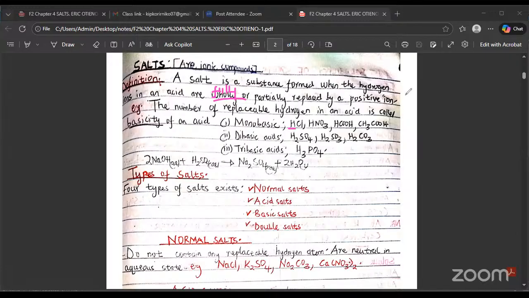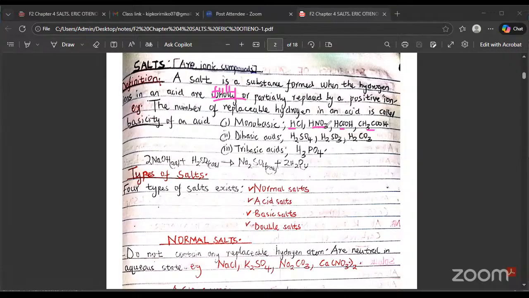This one is methanoic, this one is ethanoic. Most of the carboxylic acids have one replaceable hydrogen ion. That one is very important for us to know. Those ones you will get in organic chemistry 1, so that one will be there.